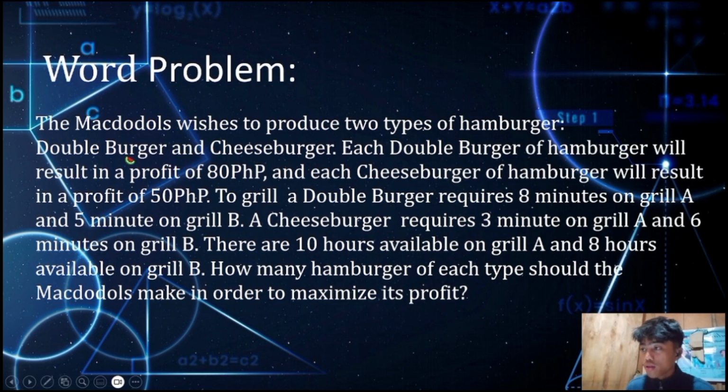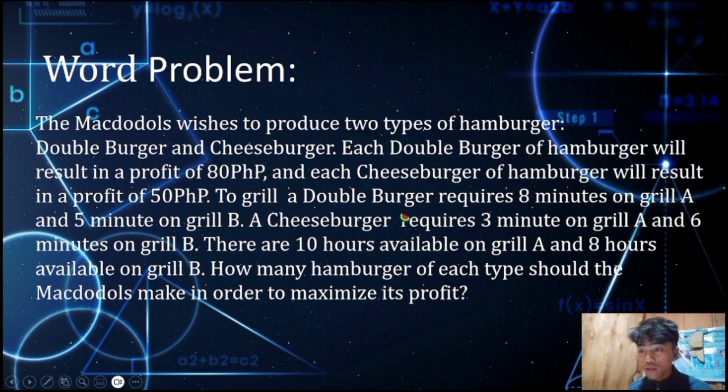Word problem. McDonald's wishes to produce two types of hamburger, double burger and cheeseburger. Each double burger will result in a profit of 80 pesos, and each cheeseburger will result in a profit of 50 pesos.